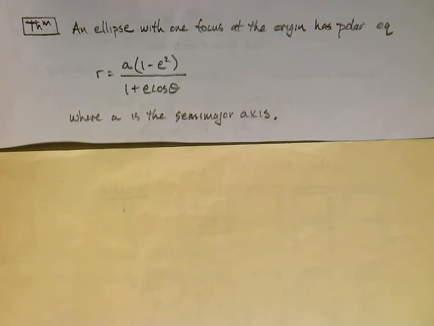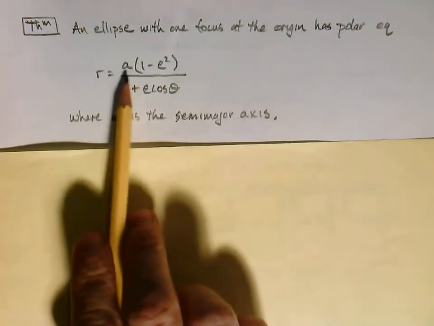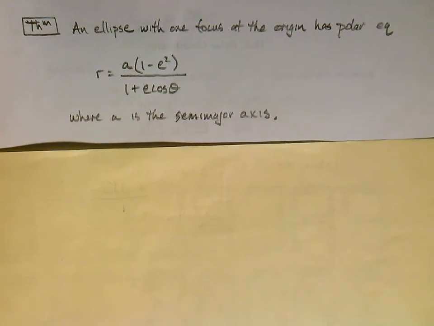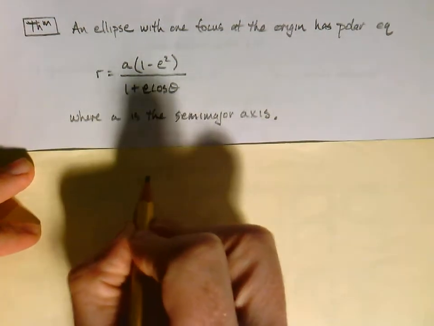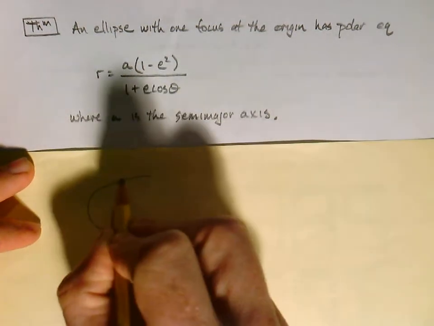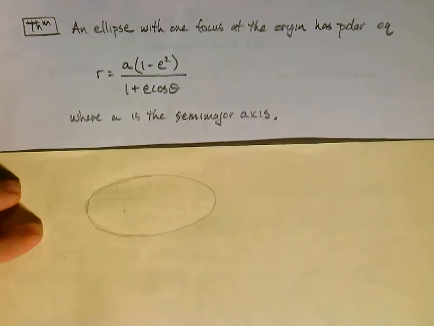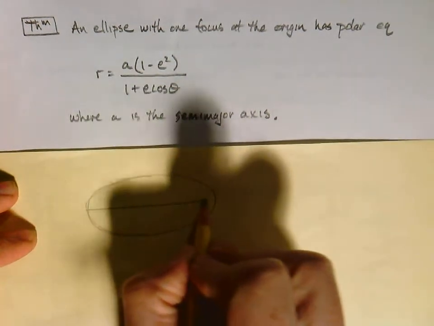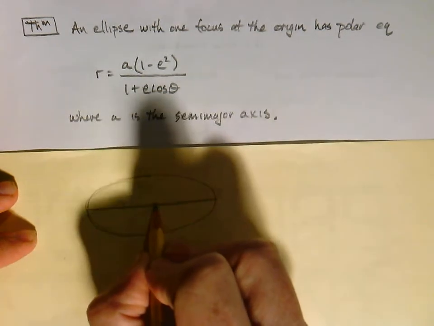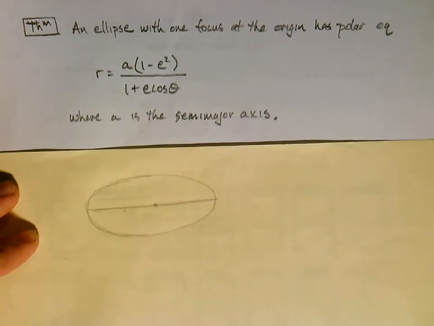A different way to think about the numerator here, instead of e times d, if you have an ellipse, you can think of it like this, where a is the semi-major axis. I don't think I mentioned that. Maybe you remember this from pre-calc. In an ellipse, we think of the longer axis going through the center as the major axis.